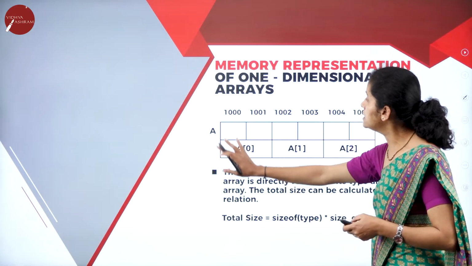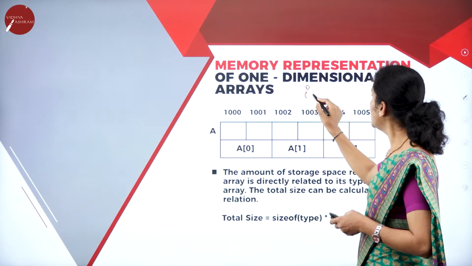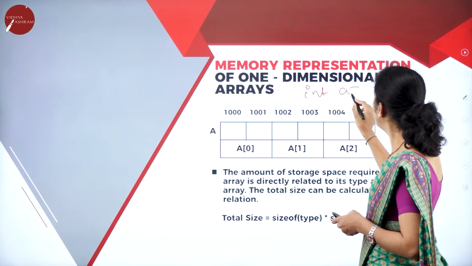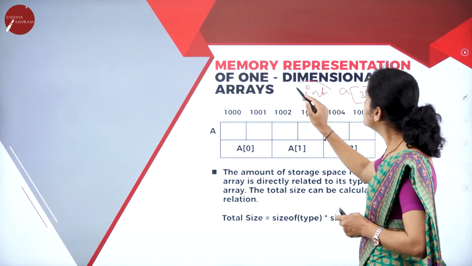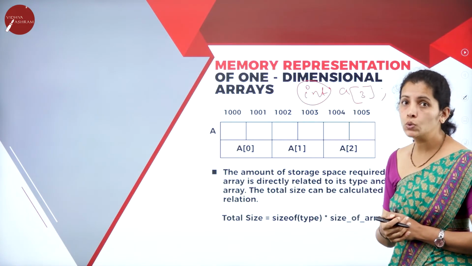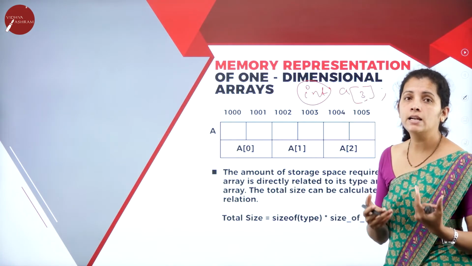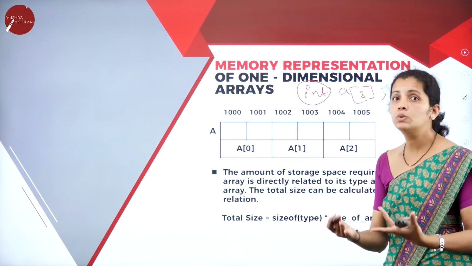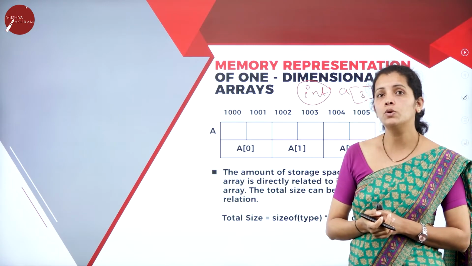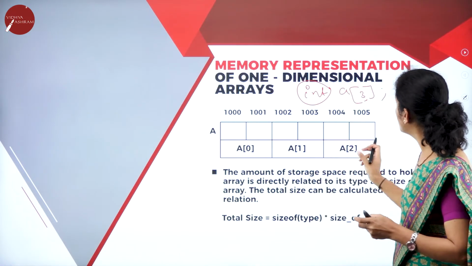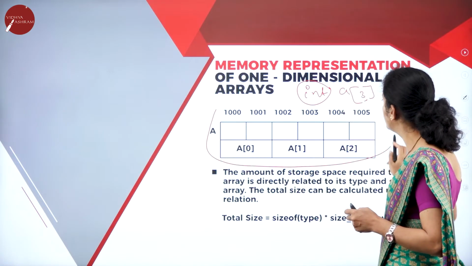Now, consider this example here. So this is the example for int A of 3. As we know that the size of the integer is 2 byte and what is the size of my array? It is 3. So 2 into 3 total 6 byte of memory locations are reserved for this array A. Now this is the memory representation.